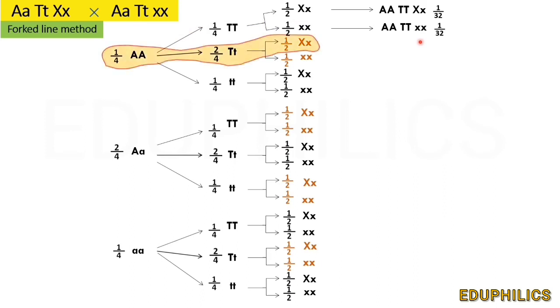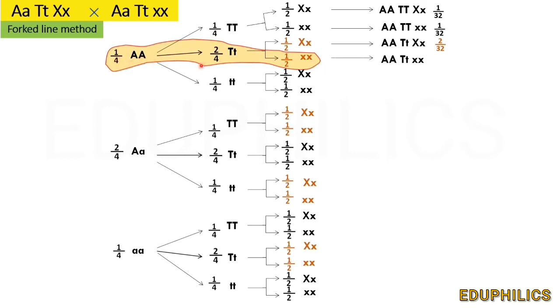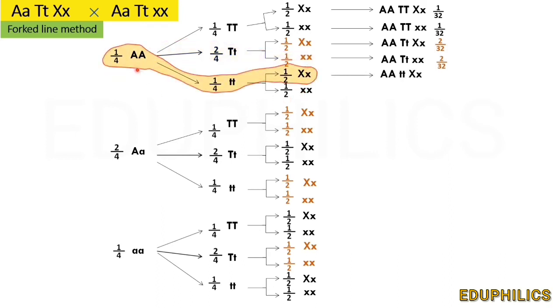The next one, capital A, capital T, small t, and capital X, small x occurs at a probability of 2/32. Because this probability has changed here. The next one, capital A, capital T, small x, 2/32. That next one.